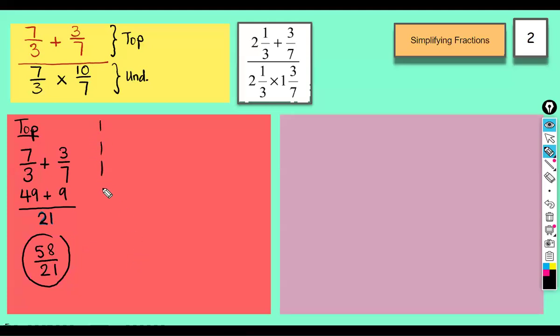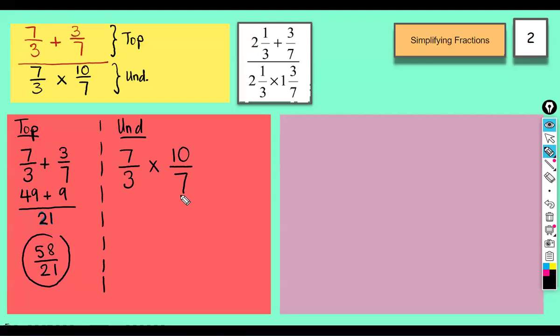But what about the underneath part now? Let me just draw a little dash line here, right? I'll put U and D here, so the examiner knows I'm working out the underneath now. We could simplify afterwards. Now the underneath is a multiply. It's 7 on 3 multiplied by 10 on 7.